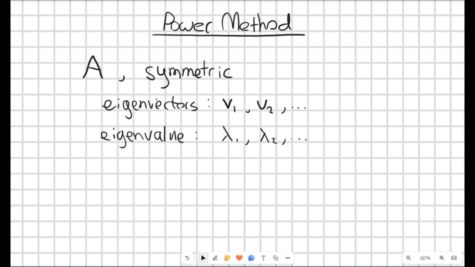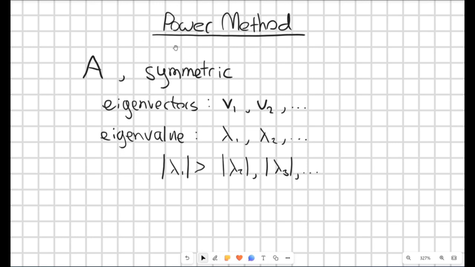What we're going to do is assume that these eigenvalues have been ordered so that the magnitude of lambda 1 is the largest. So in other words, the absolute value of lambda 1 is larger than the absolute value of lambda 2, the absolute value of lambda 3, and so on.